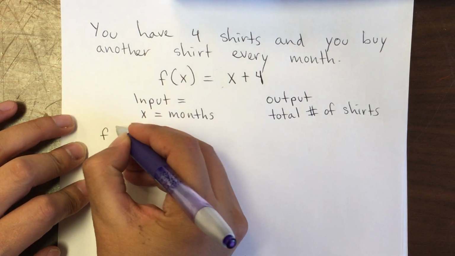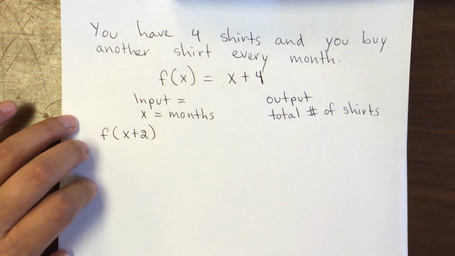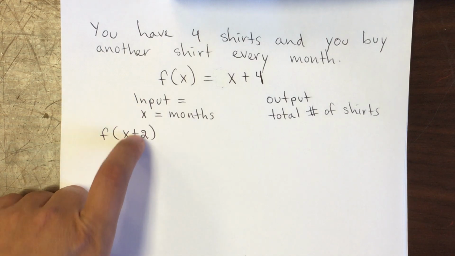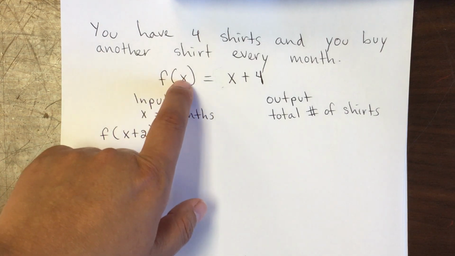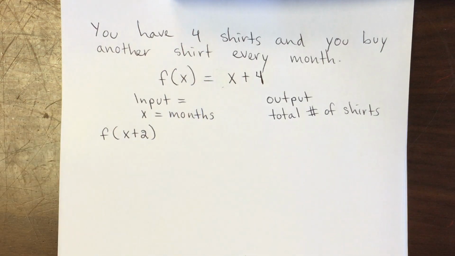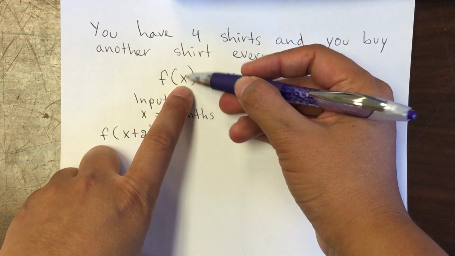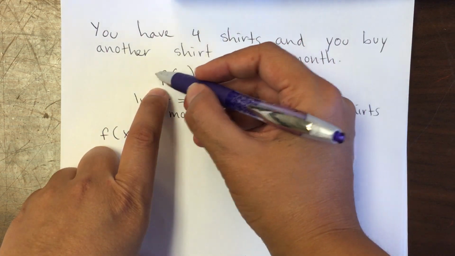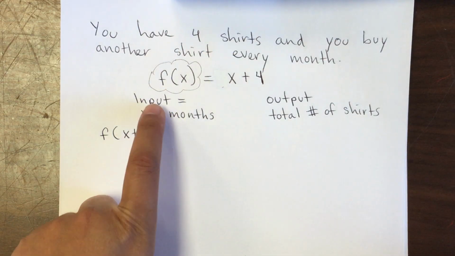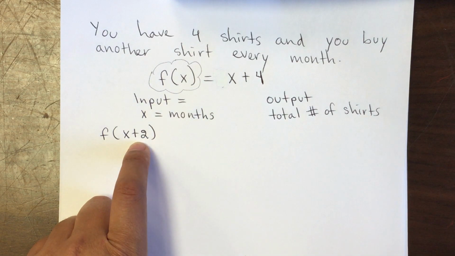Whenever you have f of x plus 2, you're adding to the input, right? Remember that I told you before that whatever is inside of the parentheses is the input and the total is the output. So we're adding 2 to the months.